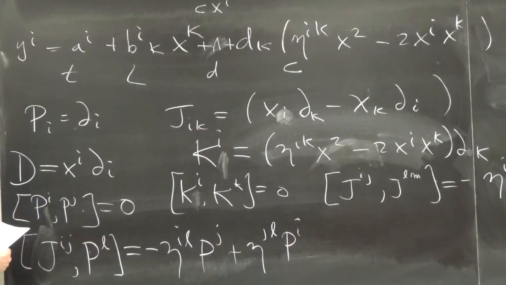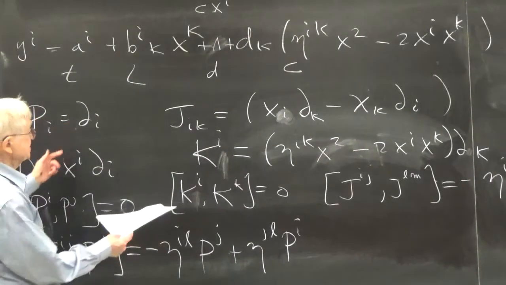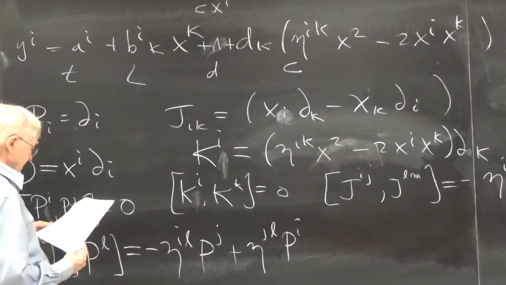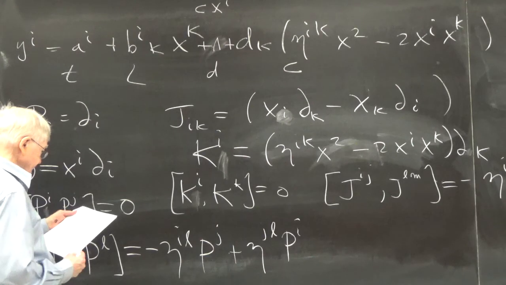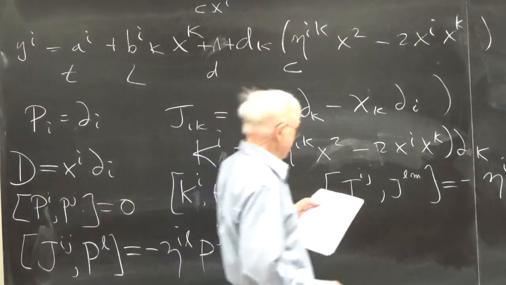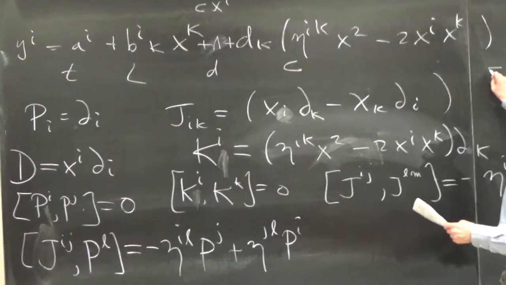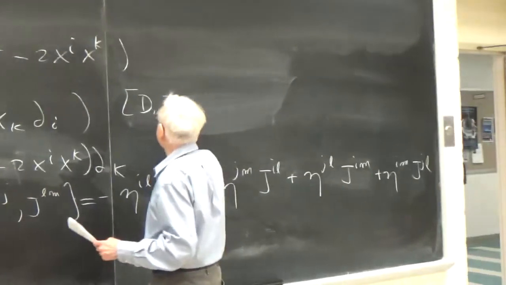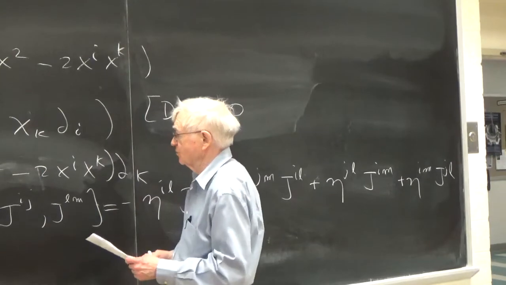And now what we can do is compute from these differential formulas what the D's are. One right away is what is D with itself? Well, D with itself has to be 0 because things commute with themselves.